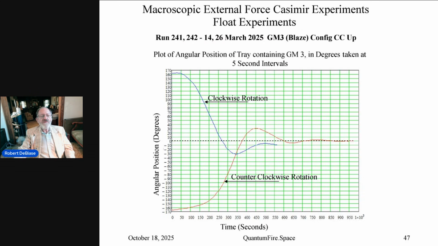So here is a graph. This is the angular position in degrees versus time in seconds. And the blue line is clockwise rotation, and the red line is counterclockwise rotation.